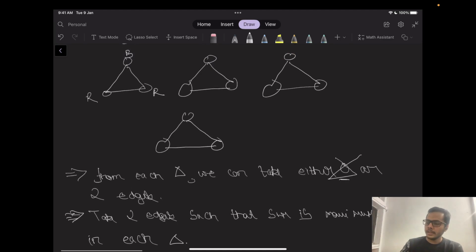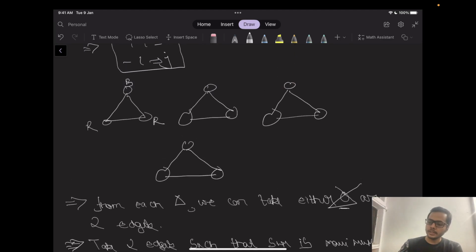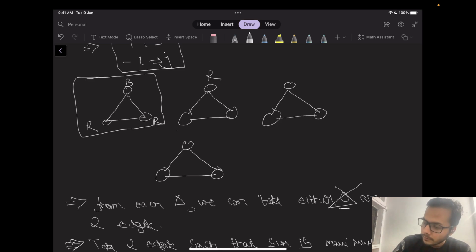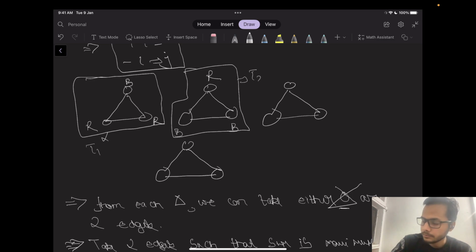The reason being that in every triangle, you can clearly see that we are either taking one blue, two red, or we are taking two blue, one red, right? So let's say that this is a type 1 triangle and this is a type 2 triangle. And we know that we are given n by 3 groups and n is divisible by 6. So that means the number of groups that we have is even. So the number of triangles that we have is even.